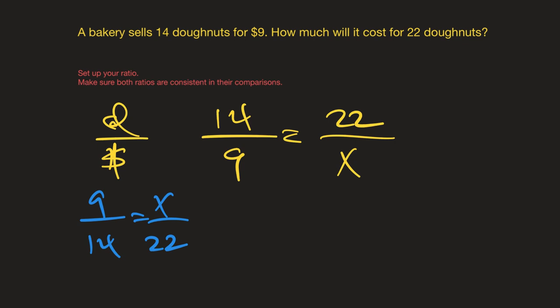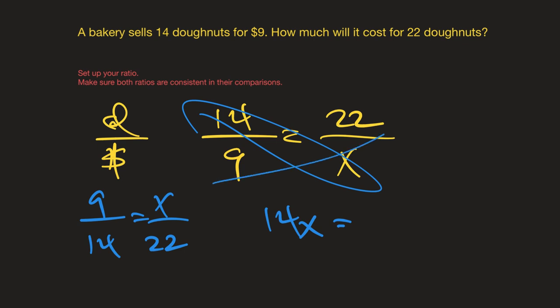Okay? Guys, the most difficult part of this is going to be the setup. If we can get the proportions set up, the rest of this should be pretty easy. We're going to cross multiply. We're going to go 14x equals 9 times 22.